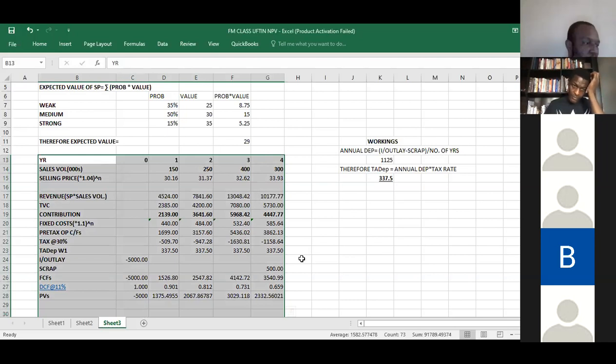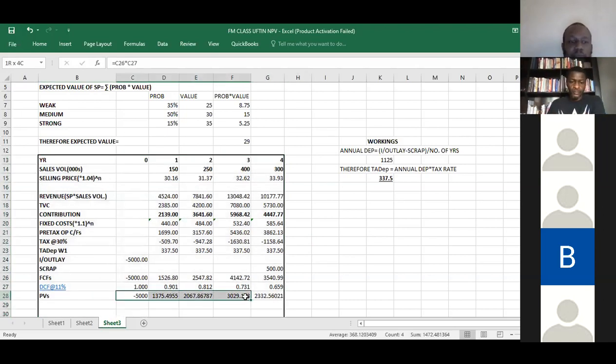I changed them to 2 decimal places, but it doesn't matter. So I want to make the PVs the same 2 decimals. The only thing I wanted to make 3 decimal was my discount factor.